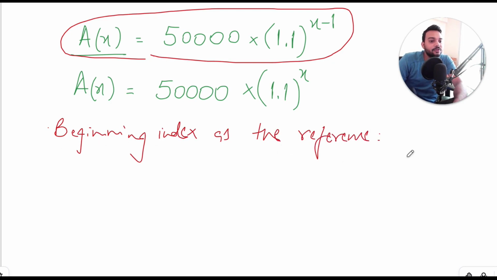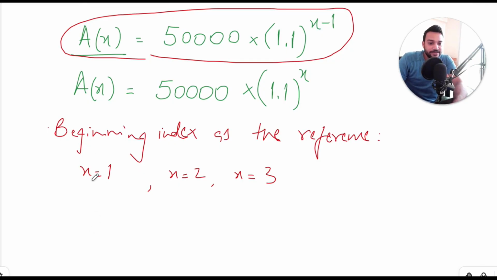So beginning of first year, X is equal to 1. Beginning of second year, X is equal to 2. Beginning of third year, X is equal to 3. These are beginnings, so we're doing X minus 1. Why X minus 1? Because at the beginning of the first year, you've just deposited the 50,000 amount. There has been no change in it. So X is equal to 1, but X minus 1 would eventually be 0.